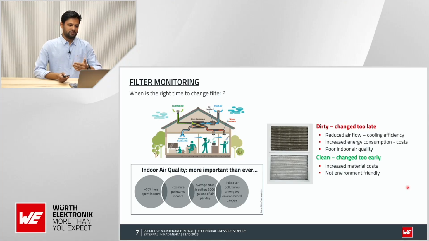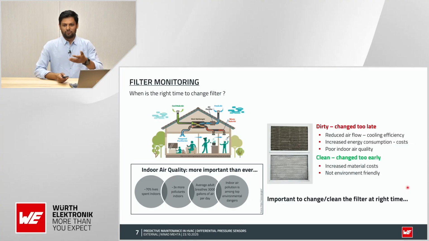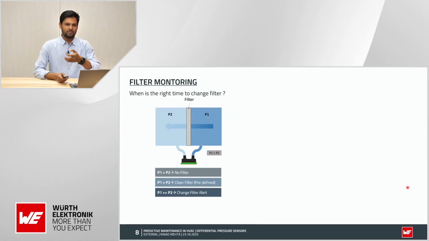And if the filter is clean and changed too early, then you have increased material cost, because you keep changing filters even when it's not required. So it is very important to change the filter at the right time. And we can do this with a differential pressure sensor. You have the nozzles on each side of the differential pressure sensor connected, and then you monitor the pressure drop across the filter.